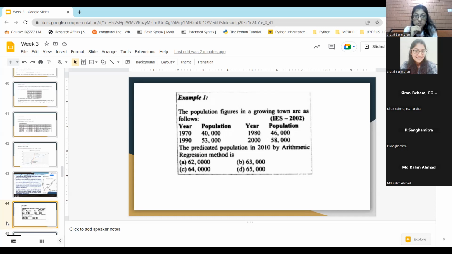So this is one problem. Population figures for 4 years are given. You're supposed to find what is the predicted population in 2010 by the arithmetic increase method.